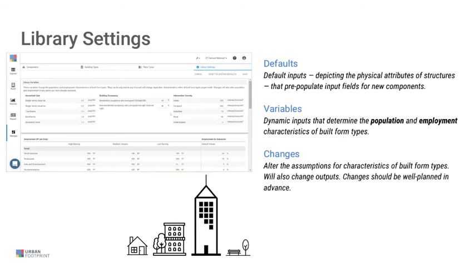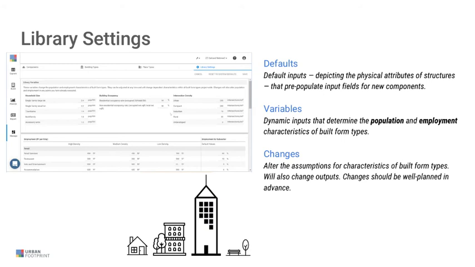So UrbanFootprint provides a set starting point for population and employment area information. But if you have a deeper understanding of how population utilizes built space in your community or your project, or you want to try to include that in your project development, then you're able to make those changes to those variables and have it reflected in the outcome for the projects that you create.